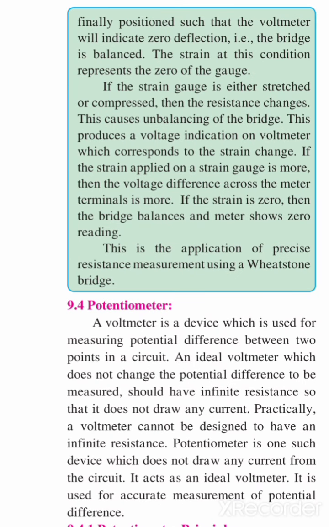Finally, the position is such that the voltmeter will indicate zero deflection. At the place of the fourth resistance, we connect the strain gauge in such a way that the voltmeter indicates zero deflection, that is, the bridge is balanced. The strain at this condition represents the zero of the gauge.